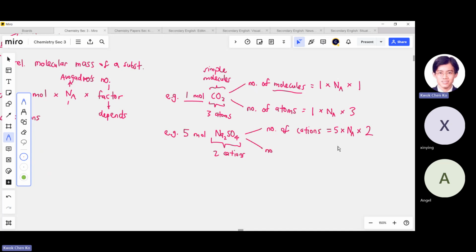On the other hand, they can change the question and ask you for the number of ions. Well, I still have 5 moles. I still have Avogadro's number. Dylan, what's my factor now? Number of ions.